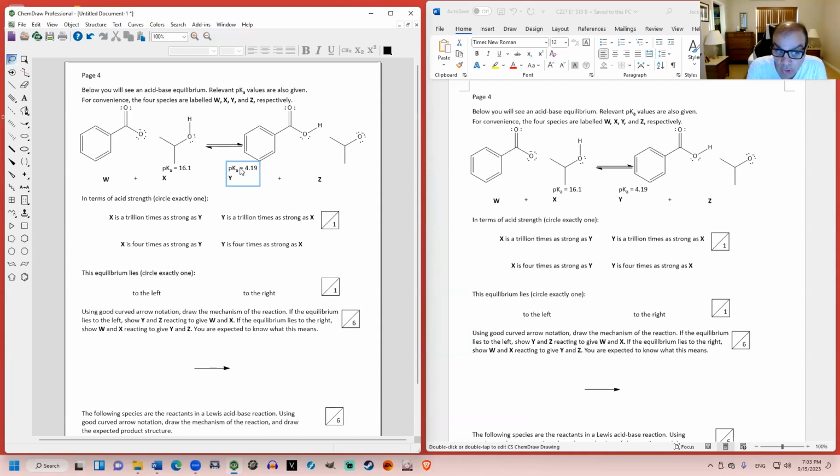It's 1 trillion times as strong. So acid Y is 1 trillion times as strong as X. That's the best answer. So remember that the pKa scale is logarithmic. That's definitely a thing you'll need to know for the rest of the year. And we already said the equilibrium lies to the left. And now we're being asked to draw the mechanism of the reaction. So I'm just going to copy these.